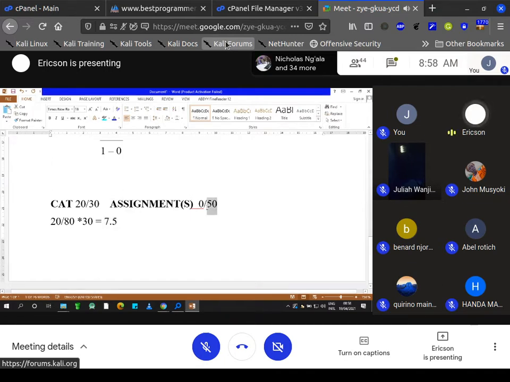When you choose to not do them, your marks will definitely go down, and maybe in the exam it may be a problem. So just make sure you are doing your assignments. If you have been given an assignment, do it. Let it not pass you by.